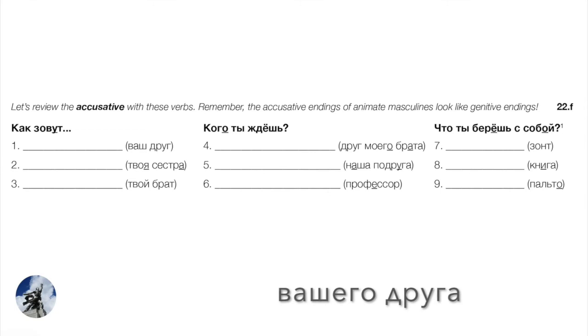Как зовут вашего друга? What about number two? Here's a feminine, so this is a bit easier, right? А to у, я to ю. Как зовут твою сестру? And number three, another masculine animate. How do they call your brother? Как зовут твоего брата?